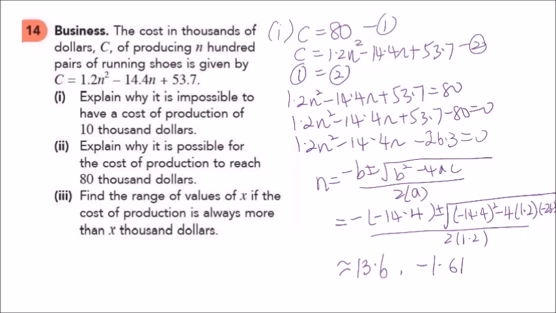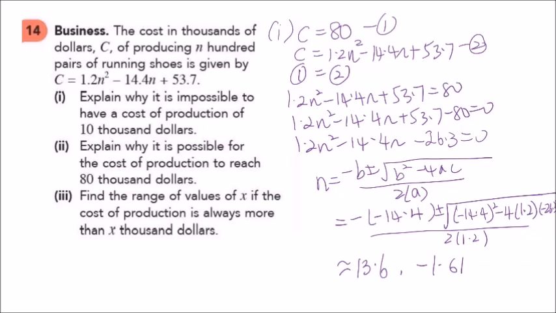Of course, the other value, negative 1.61, is not valid. If you get both negative, then of course it's not possible at all. But if you get one of them positive, then it is possible. It is possible that there is a production cost of 80,000.